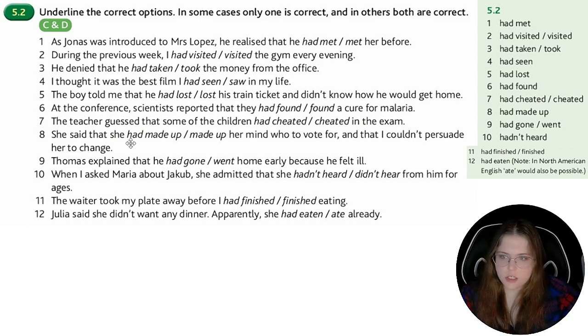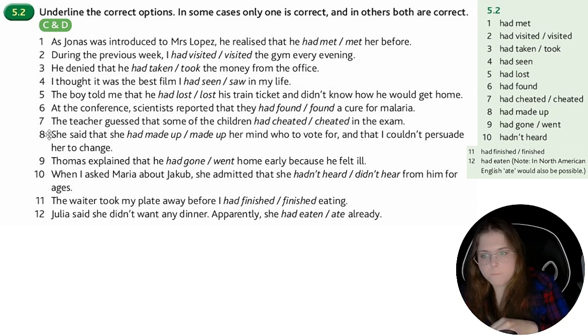She said that she had made up her mind who to vote for, and that I couldn't persuade her to change. He said that he had made up. One more time, she said, reported speech. So in the direct speech it is: I made up my mind.